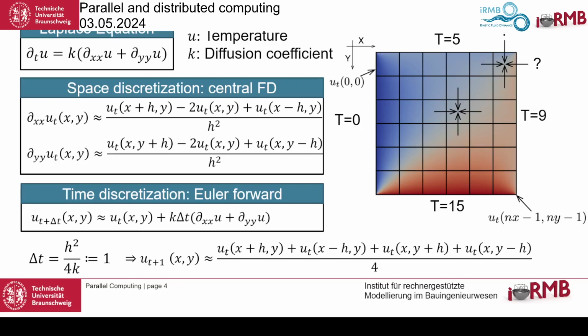You have the difference between two values at two different points, and you divide by the distance. Then you take the limit of the distance going to 0, and so you come to the derivative. So you've seen this in school, right?